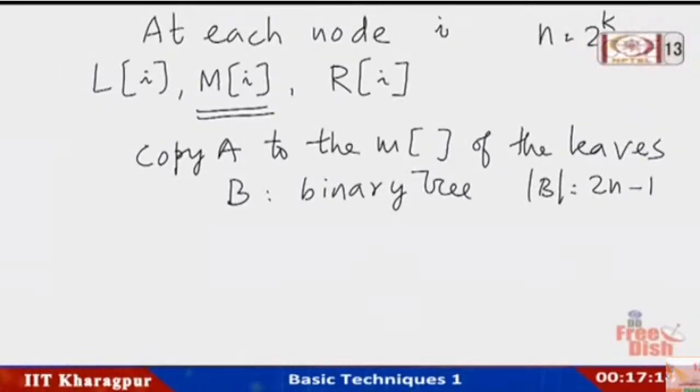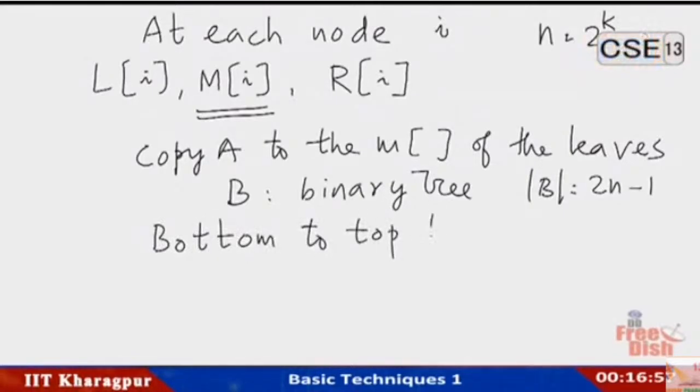So we have copied A into the m values of the leaves, and then as in the previous algorithm we have a bottom to top phase. In the bottom to top phase, the values are received from the bottom by each node, and the values that are received are summed up and kept in the middle value.